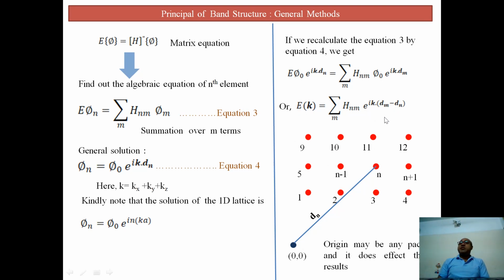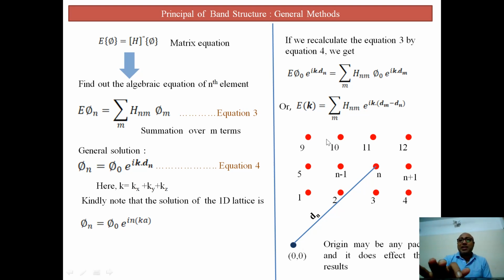Now what is the benefit of that? The benefit is that whatever we have done in the last couple of lectures, maybe the last 20 or 25 lectures, I was trying to give you full confidence about how history has progressed, how the method of solving the Schrodinger wave equation was tackled.